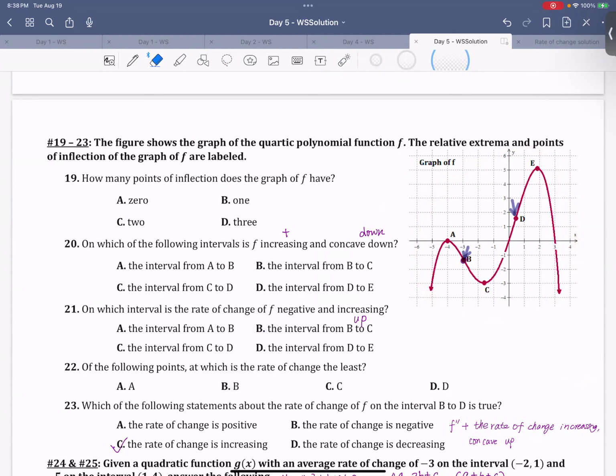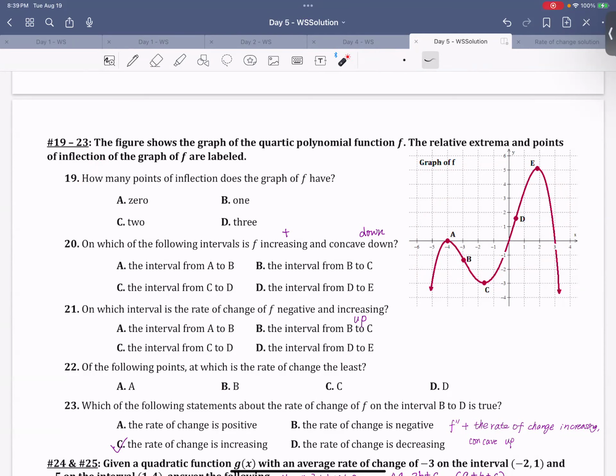Let me call a student. Leslie, let's do here. Go. Do you think which is the inflection point?